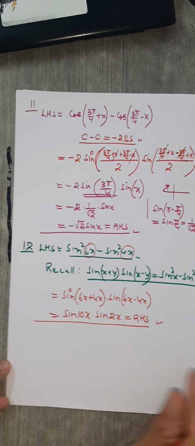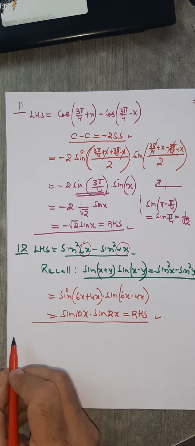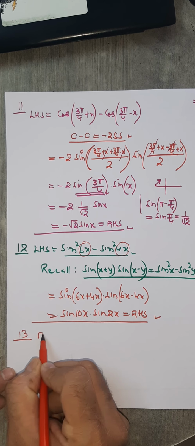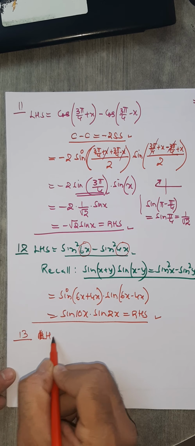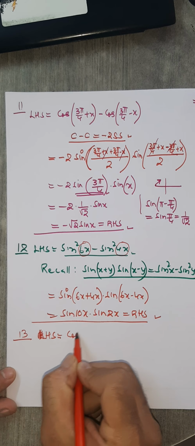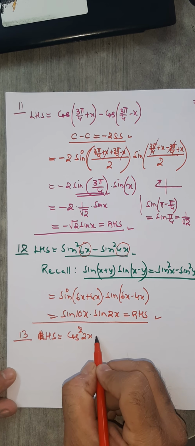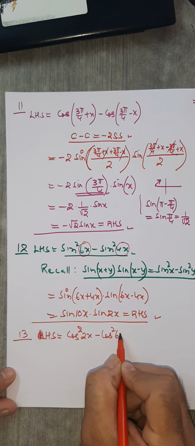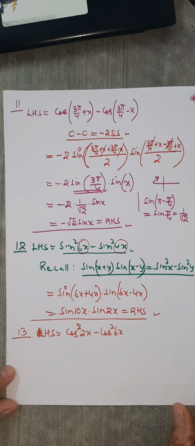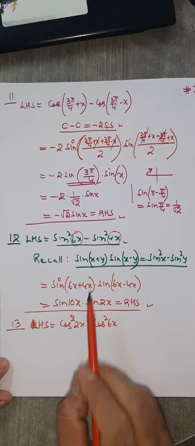Question number 13. Let me start with the LHS here. What is the LHS? Cos square 2x minus cos square 6x. Now we don't have any formula for both cos square, if you remember.